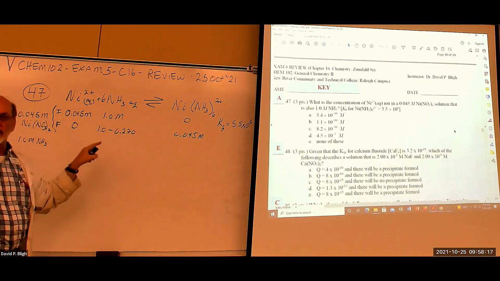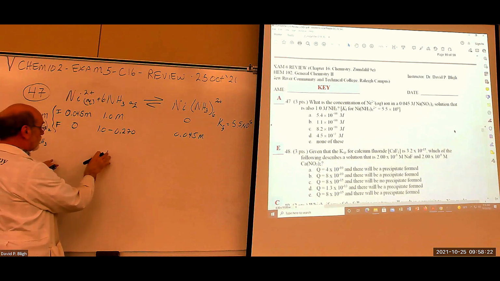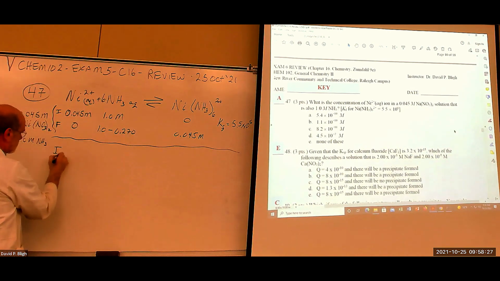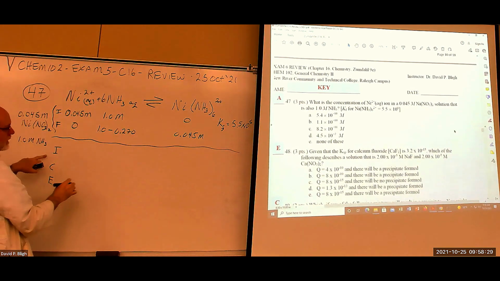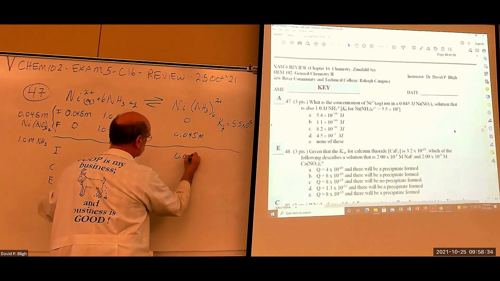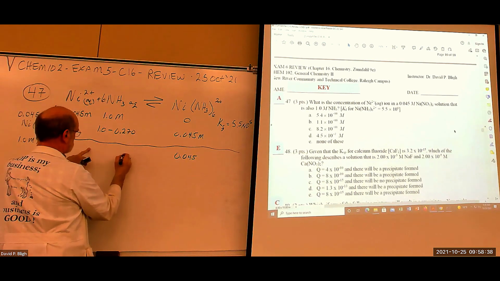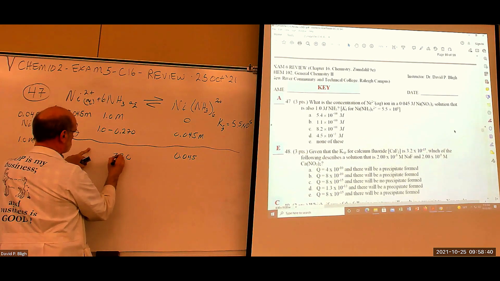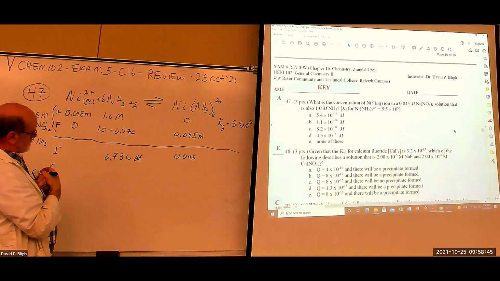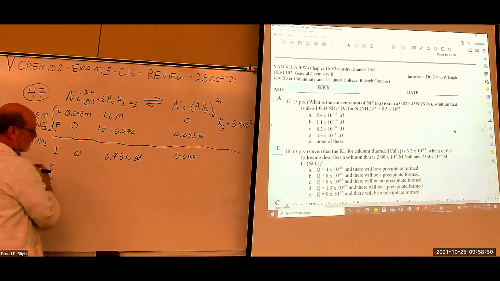Now, this is where our equilibrium starts. So if we do the equilibrium, we have our ice table. And this is our initial position, and this is 0.